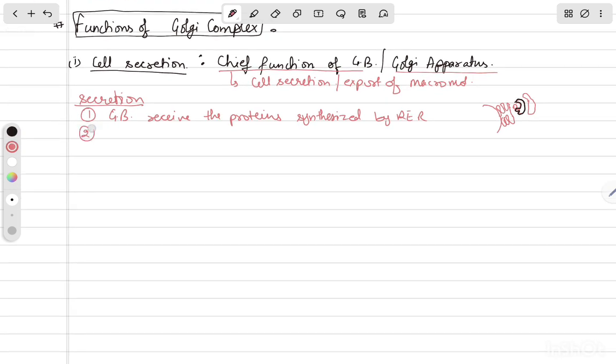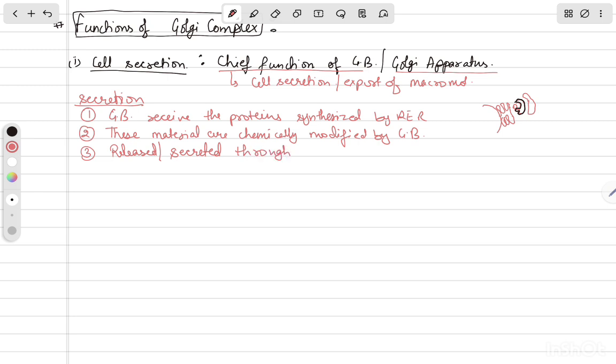Second is, now these materials are chemically modified by Golgi body, and third is it is released, or we can say secreted through trans phase.